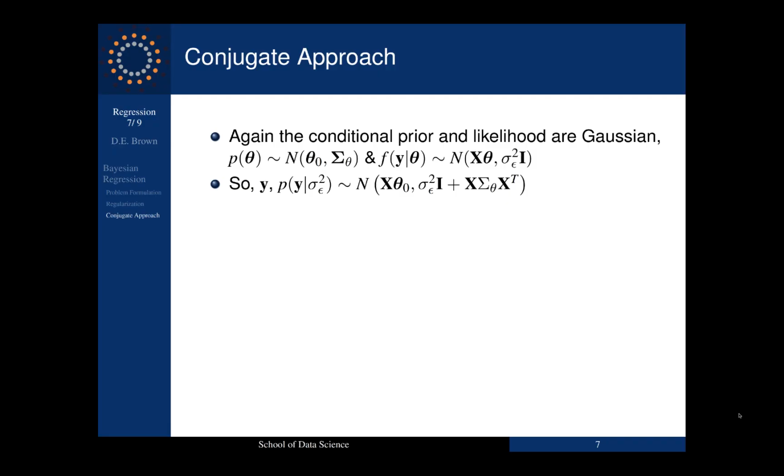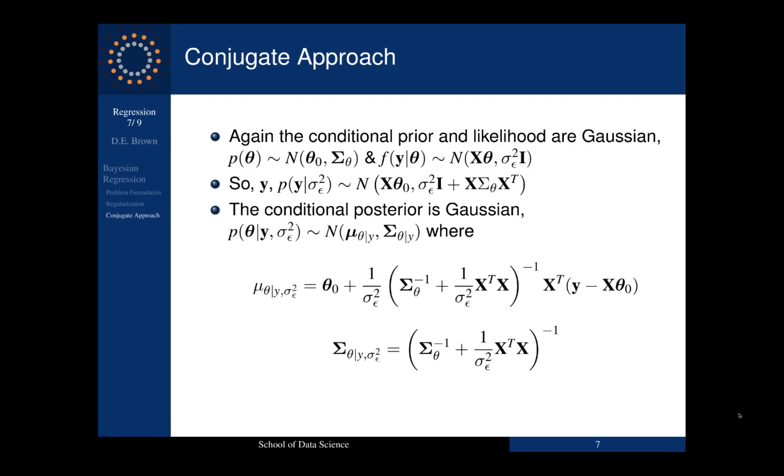which is the sum of squares going through that. So the conditional posterior, with these assumptions, is a Gaussian, and again, these are the parameters derived from the conjugate analysis, with the mean vector for the Gaussian posterior distribution given as shown, and the variance-covariance matrix also given.